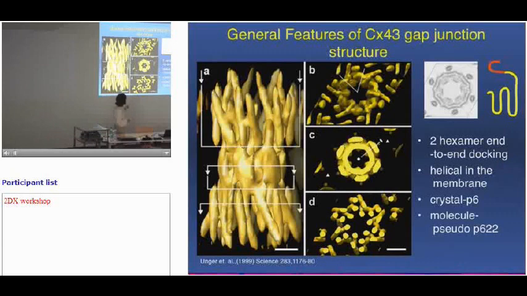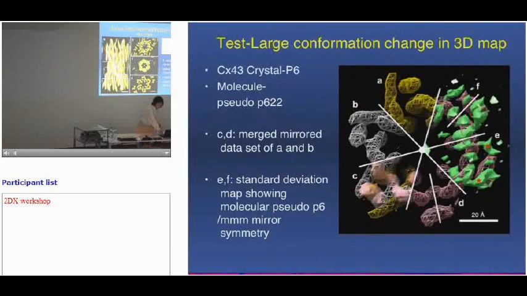This crystal is in P6 symmetry. The molecule, however, because of the way the 2 hexamers are docked together, has a pseudo 622 point group symmetry. So I can use this property to test certain things about my algorithm, to see if it works in 3D.